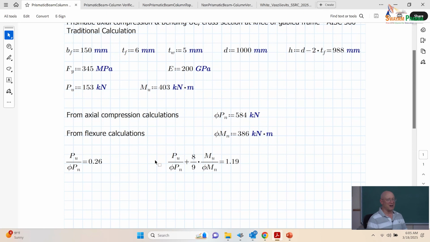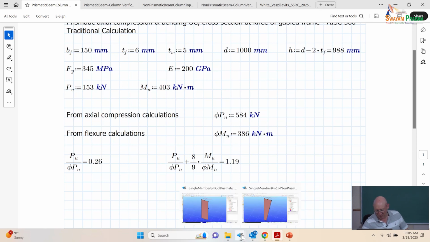Then we get those capacities, and then we can interact them. So that's the traditional approach. Obviously, if you're doing hand calculations for those things, yeah, it's easy. It's difficult to do anything else. You want to know the column capacity by hand. You want to know the beam capacity by hand. Now let's get an interaction that ties them together. But if we're using a tool like Consteel, that's extremely awkward. It's like, wait a minute.